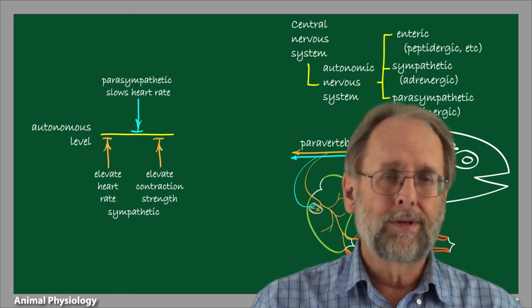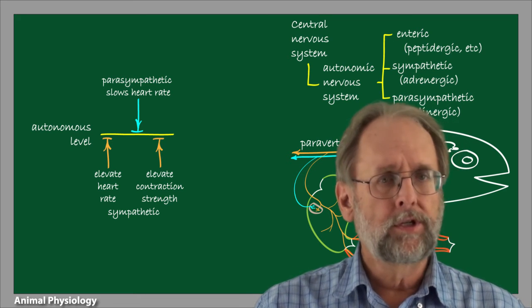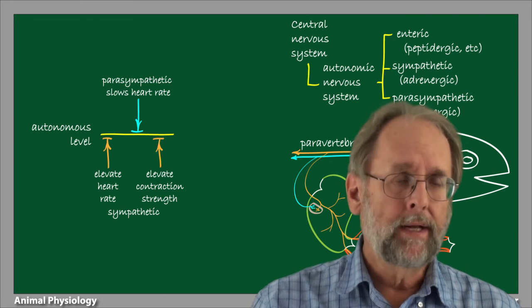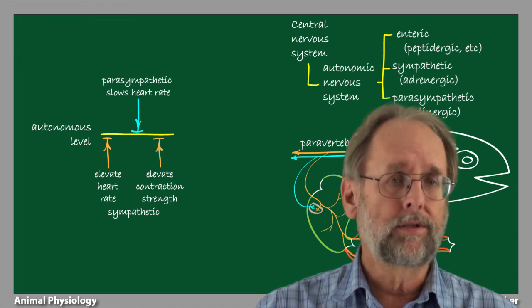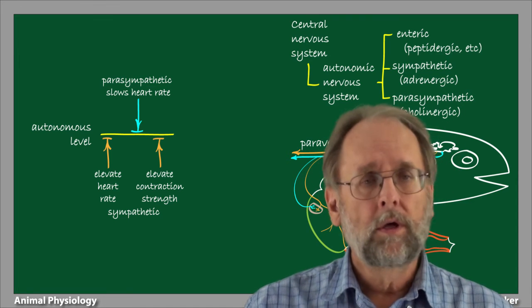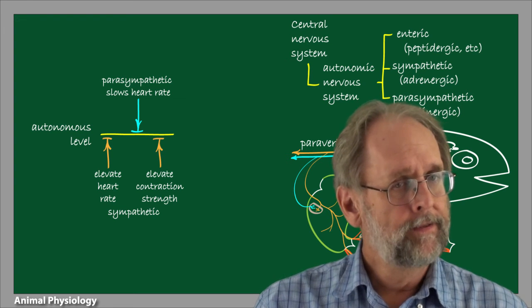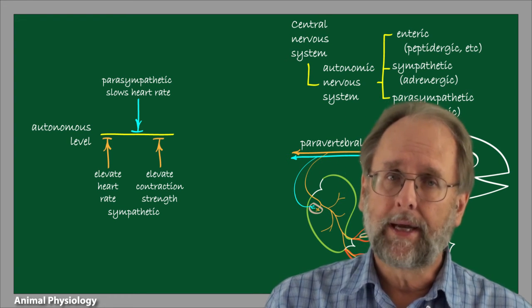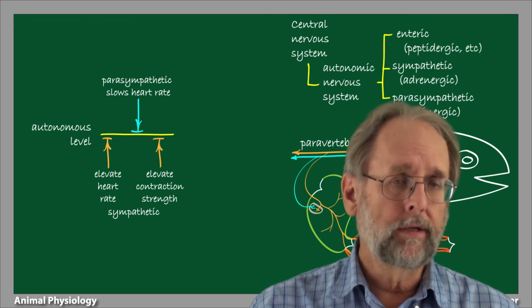This introduces the important concept of autonomic tone. The actual function of the heart depends upon a balance between the input from the parasympathetic system and the sympathetic system. Autonomic tone will be the balance between these opposing effects. If the sympathetic system input dominates, heart rate will be elevated and the heart will contract more strongly.